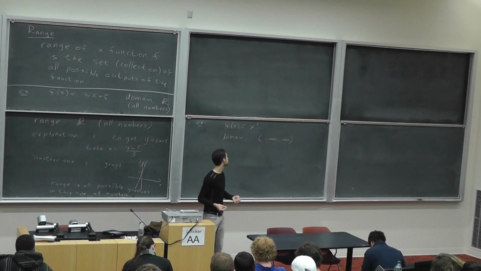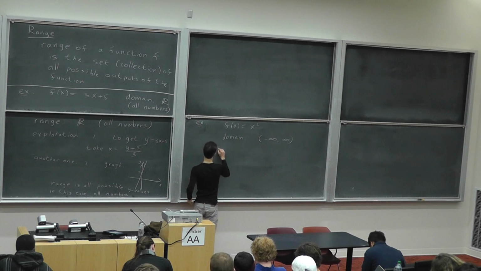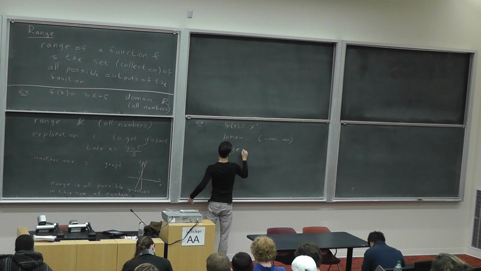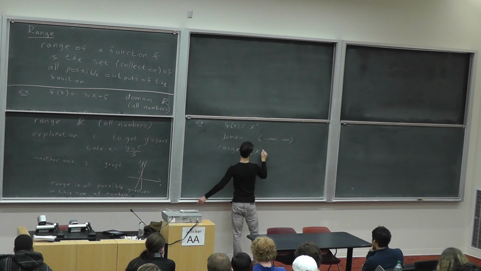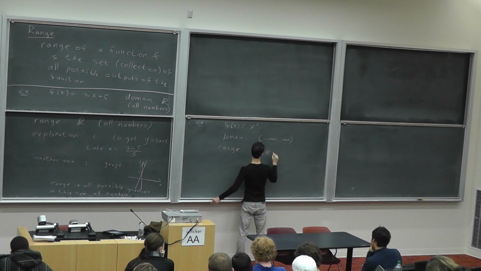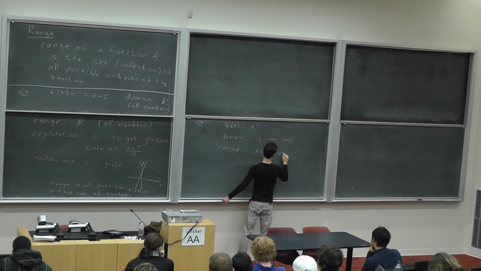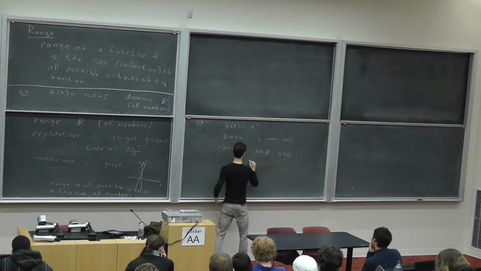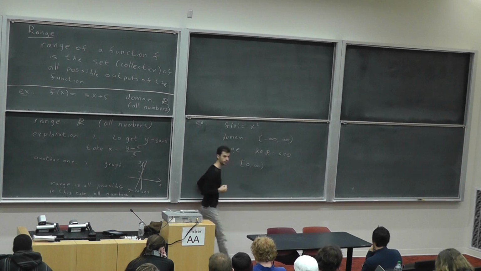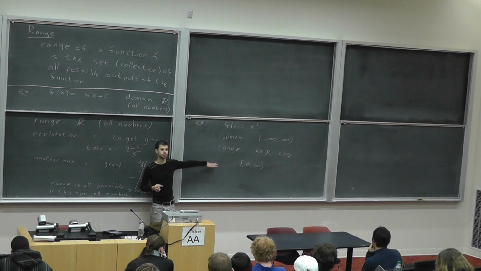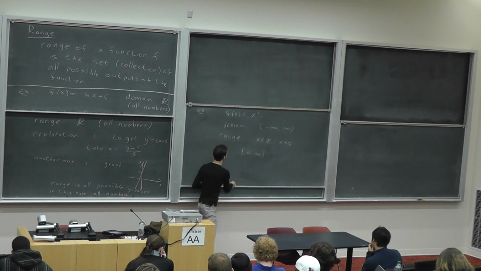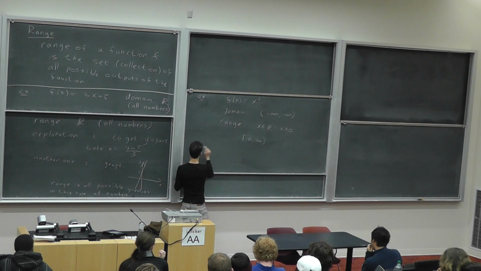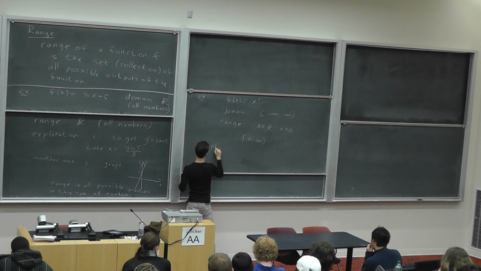And two explanations for this. So range is all numbers such that x is positive, or if you want, you can say all numbers from 0 to infinity, whatever notation you prefer. Why is that? Well, explanation.